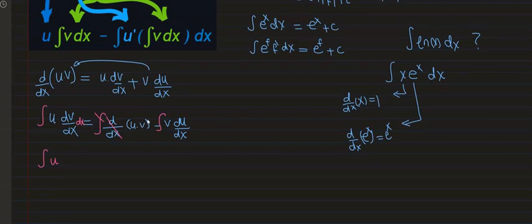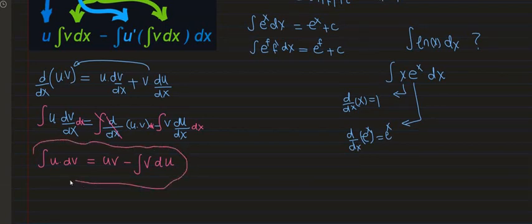Of course we add the dx while we add the integral. So u times dv is equal to u times v minus the integration of v du. So the integration of u dv, which is a product of two functions, is equal to u times v minus the integration of v du.